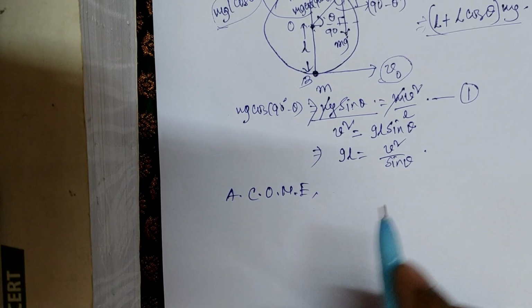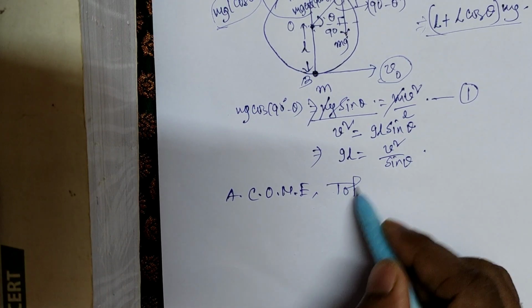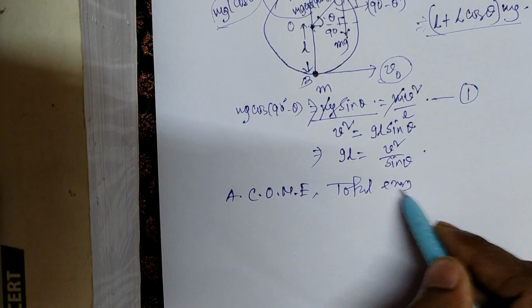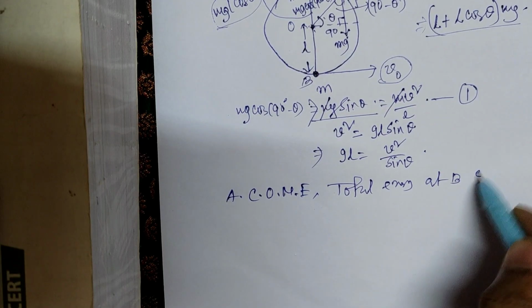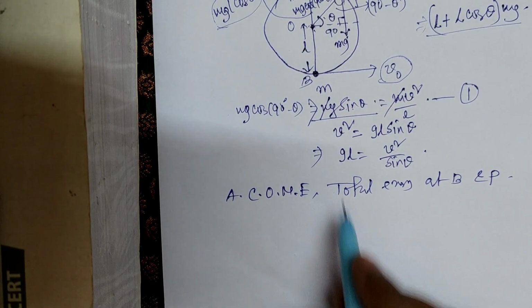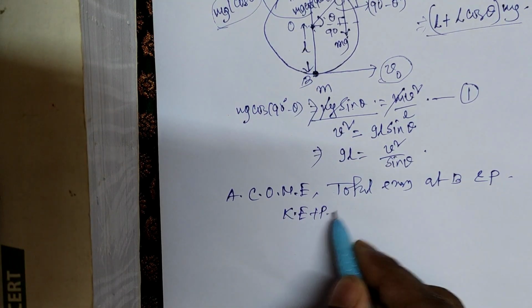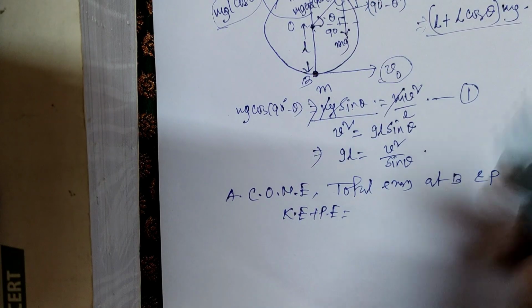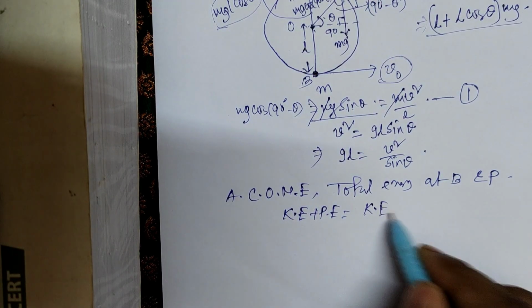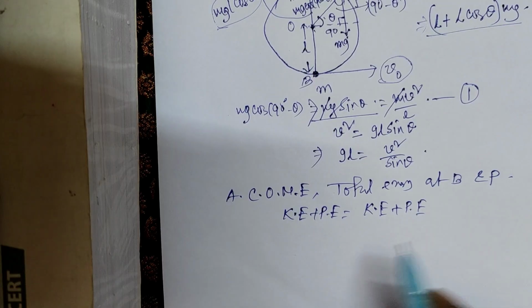total energy at point B and at point P are equal. So at point B, total energy means kinetic energy plus potential energy, and at point P, total energy means kinetic energy plus potential energy, right?